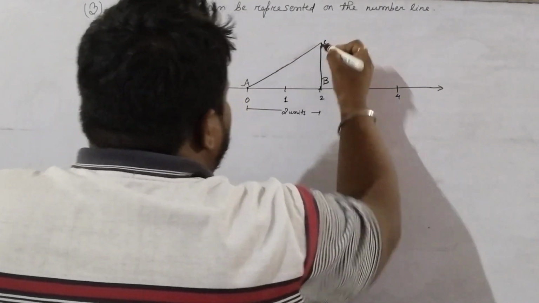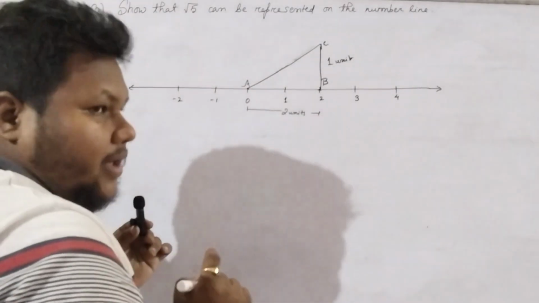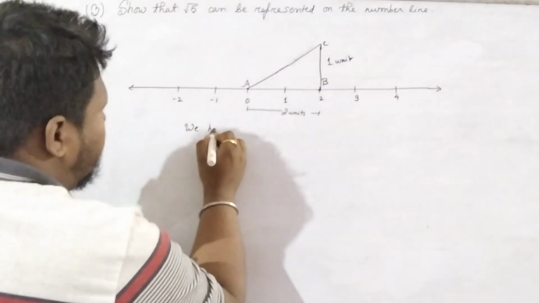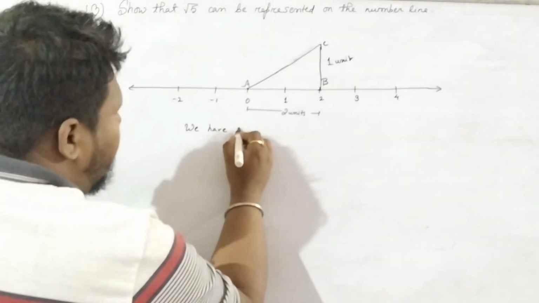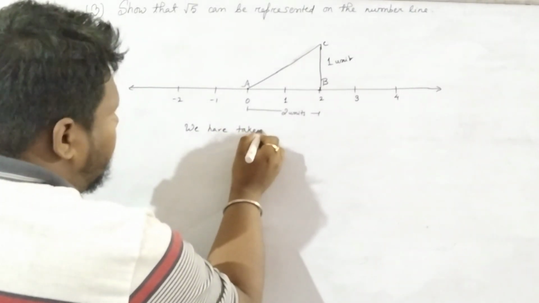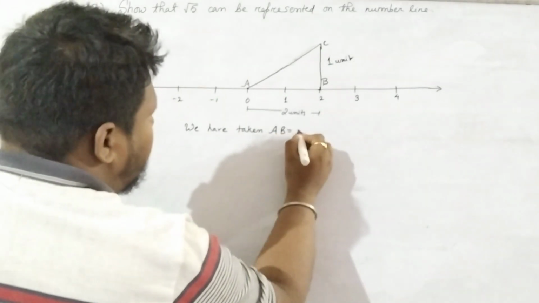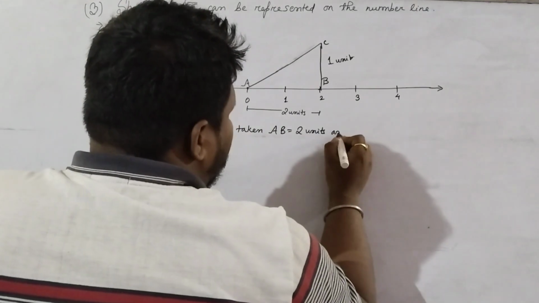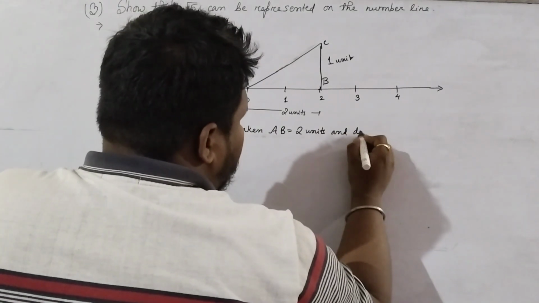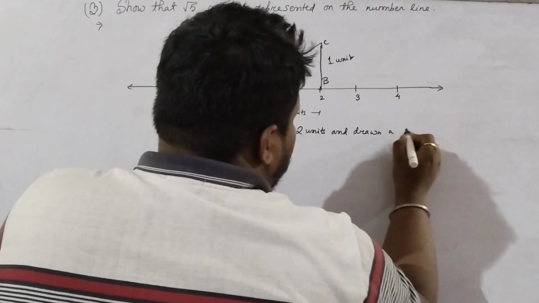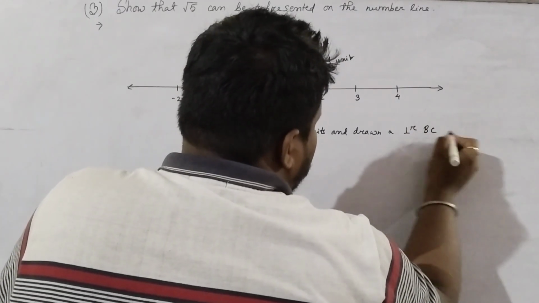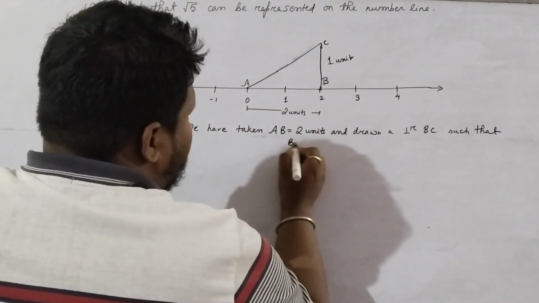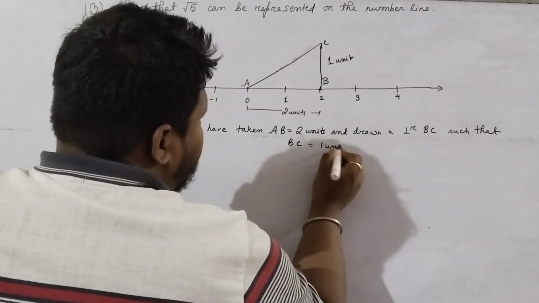Now, before solving it, we have to write what we took. We have taken AB equal to 2 units and drawn a perpendicular BC such that BC equal to 1 unit.